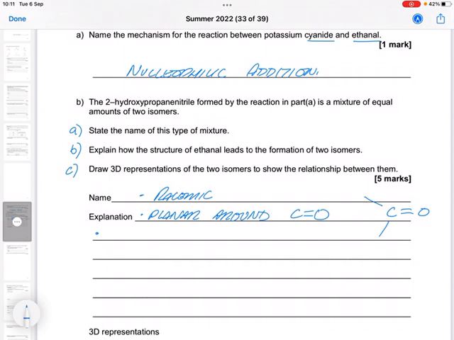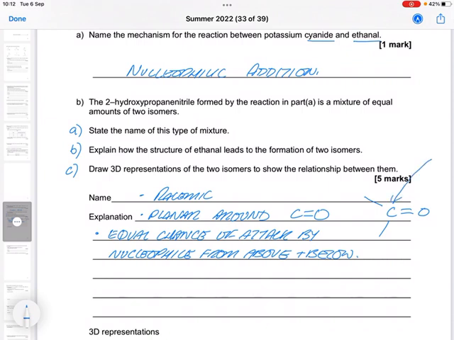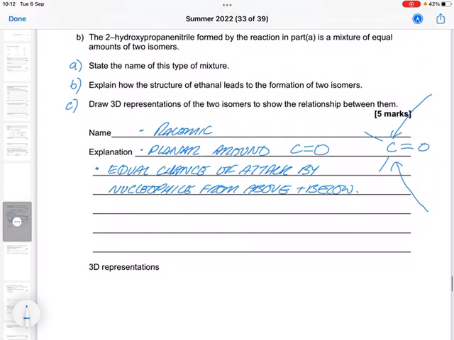So there is equal chance of attack by the nucleophile from above and below. Okay, so we can get attack from above, which will give you one of the optical isomers, attack from below, which will give you the other optical isomer. So both of which are equally likely, which is why you get this 50-50 mixture. Okay. So there's three of the marks.